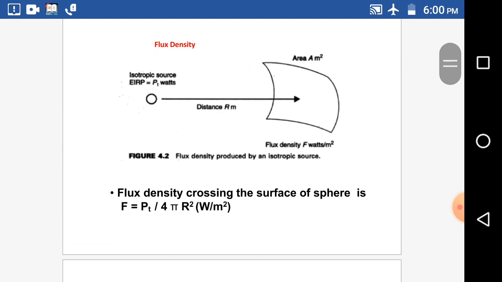So let us see the first parameter related to the link equation, that means a flux density, also known as a power density.